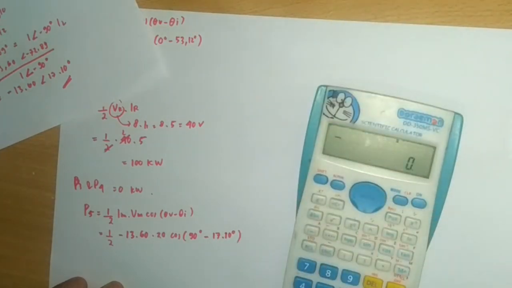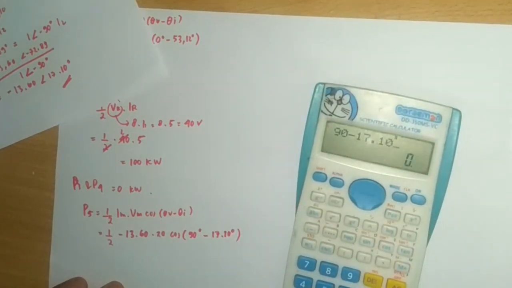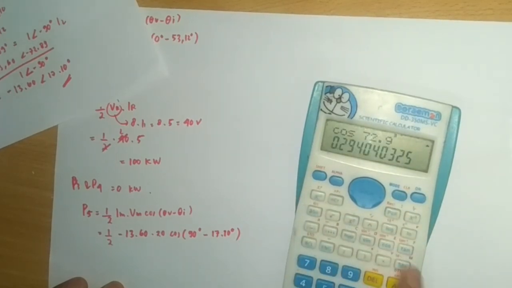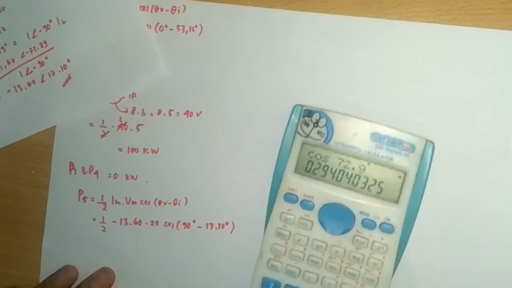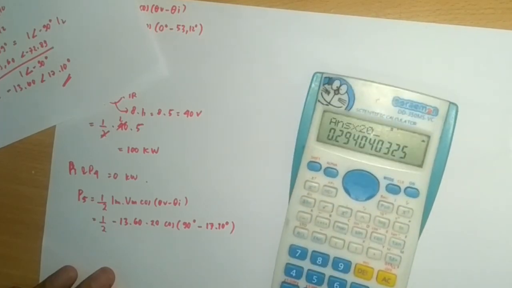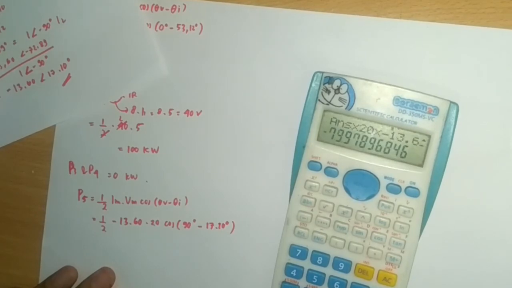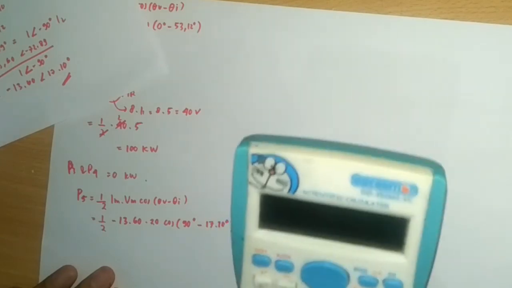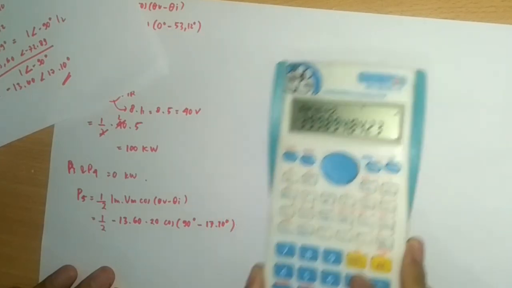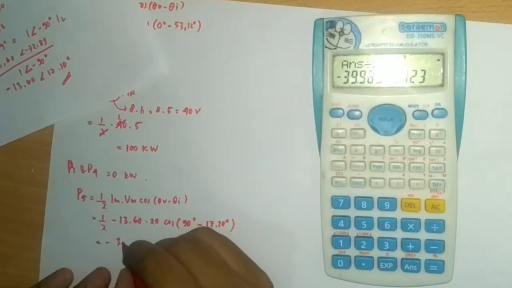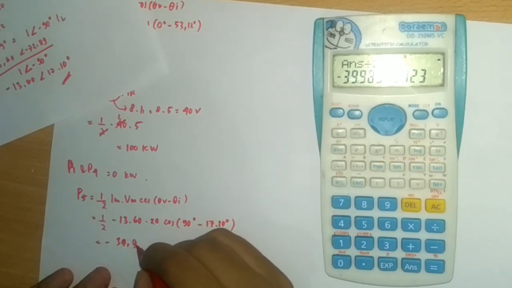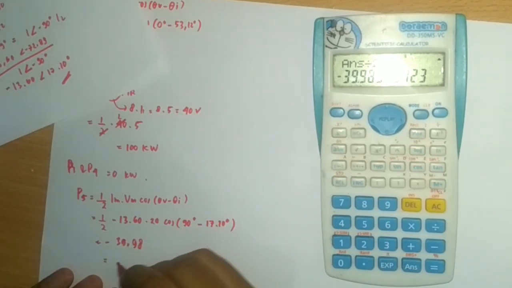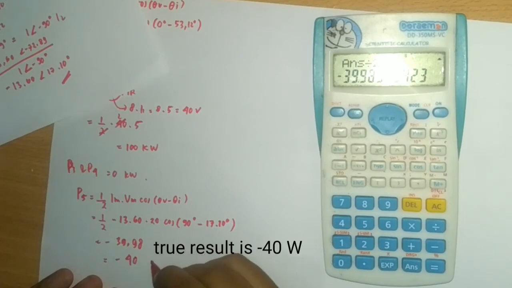We got cosine of 72.9, which is 0.29, multiplied with 20 multiplied with minus 13.60 divided by 2. We got minus 39.96, which is about the same as minus 40 watts.